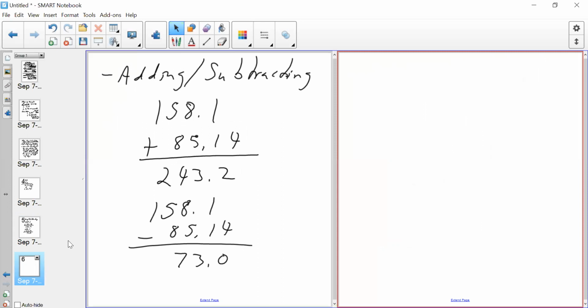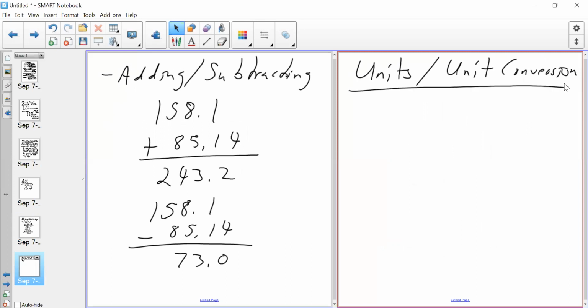The next thing we covered was units, unit conversion. You can reference your chart. I'm not going to show it here, just going to briefly talk about it.